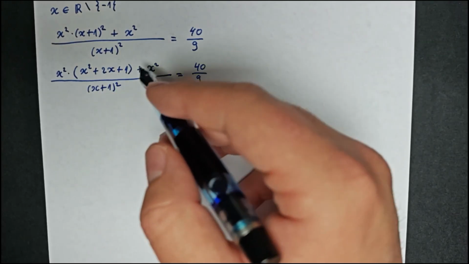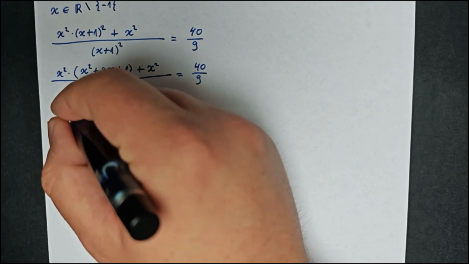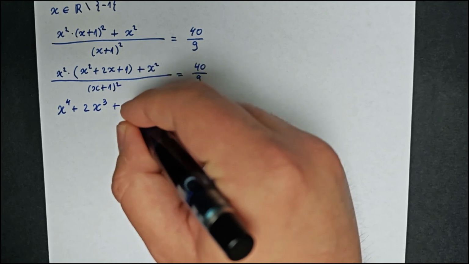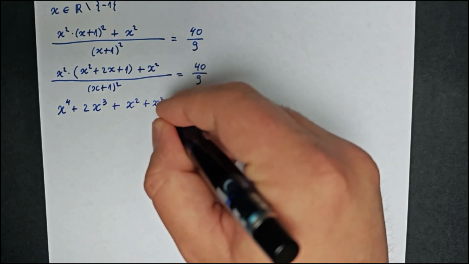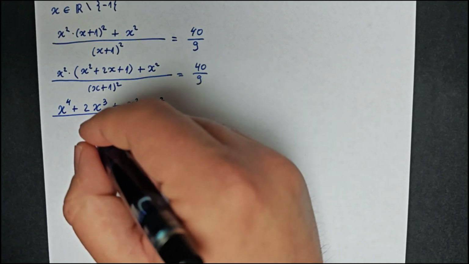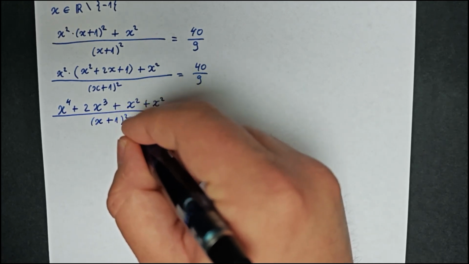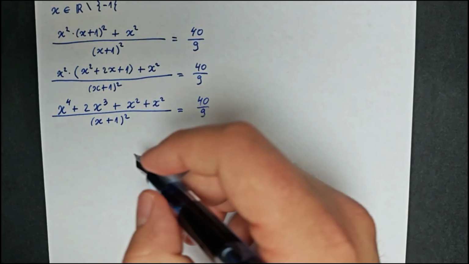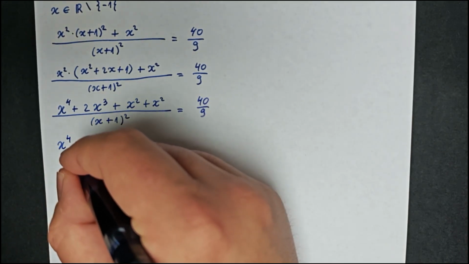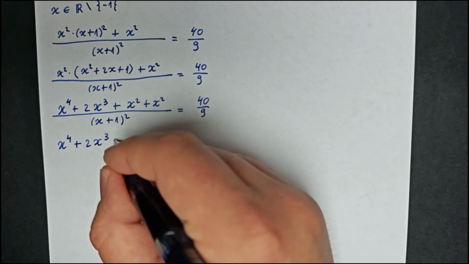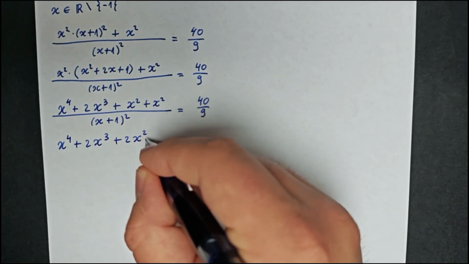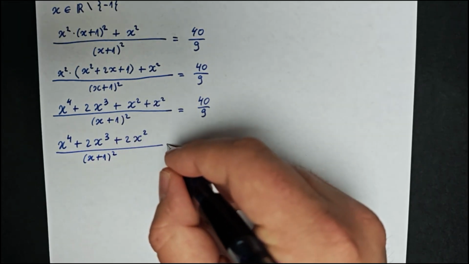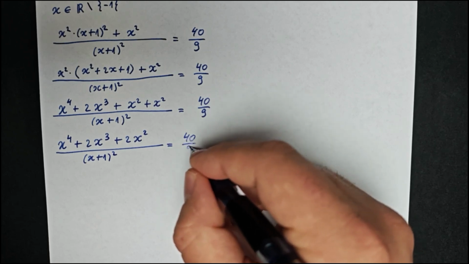Now we can get rid of these parentheses here, and then we get x⁴ plus 2x³ plus x², and plus x², divided by (x+1)², to be equal to 40/9. This then becomes (x⁴+2x³+2x²) divided by (x+1)², which is equal to 40/9.